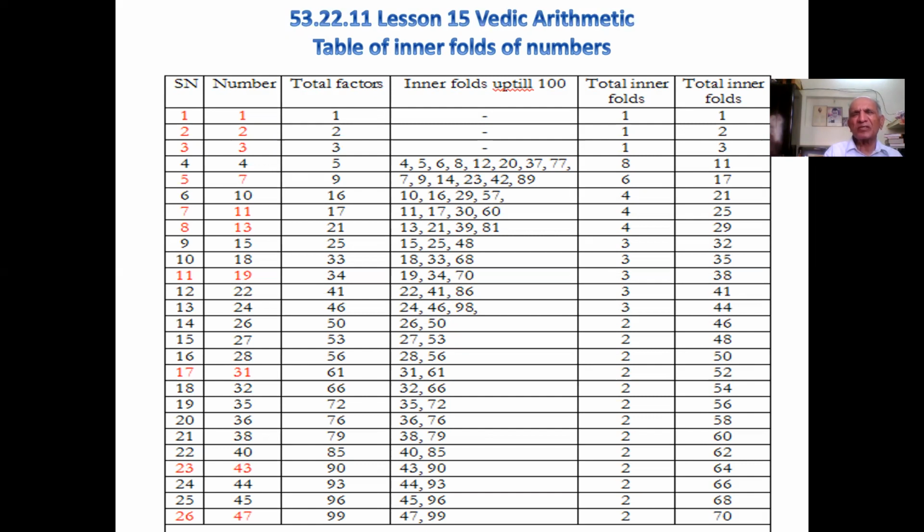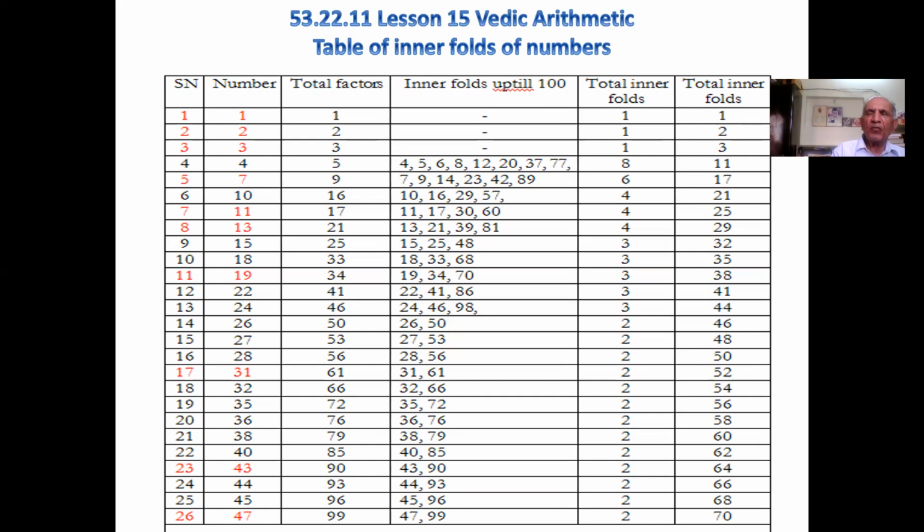The total factors up till this value 1 is only 1. The number 2 has only one factor 2, and the total factors up till number 2 become 2. One factor for 1 and one factor for 2. Then likewise number 3 as well has one factor, 3 itself. The total factors up till 3 are 3. 1 of 1, 1 of 2, 1 of 3, and total of 3.